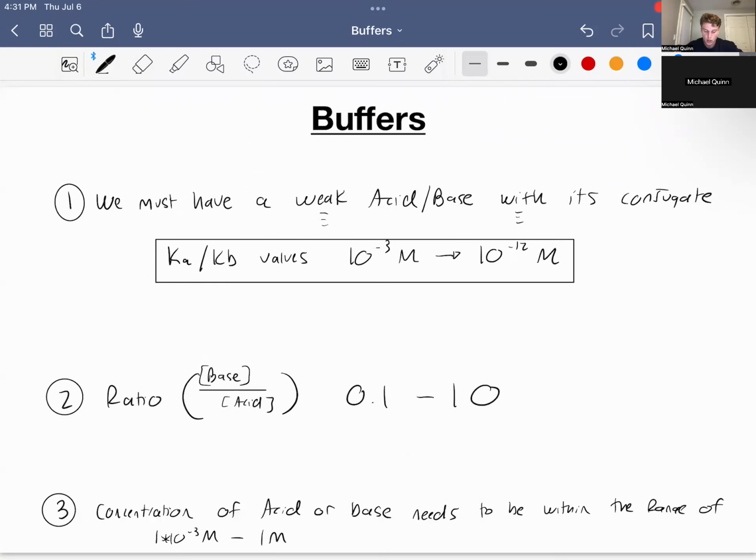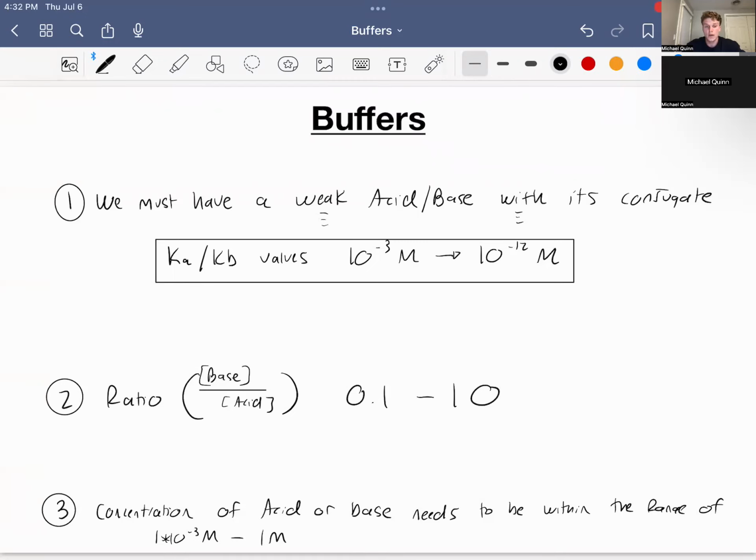So this simply means whatever solution we are setting up, if we have an acid or a base and it needs to be a weak acid or base, we just need to make sure that the concentration of that weak acid or base is anywhere from 1 times 10 to the negative 3 molar to 1 molar.